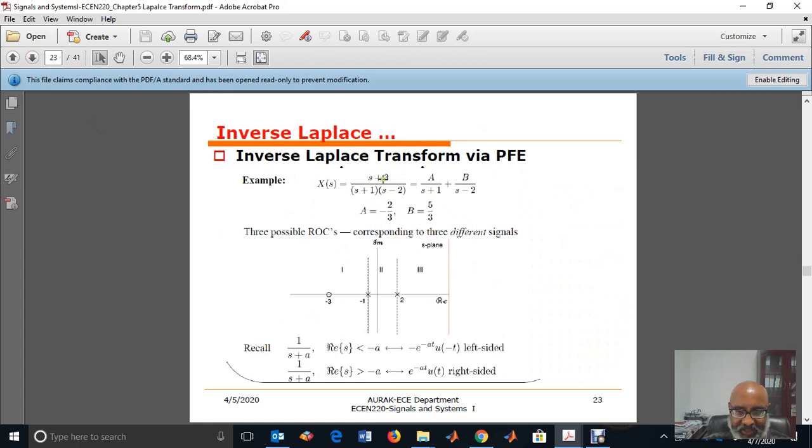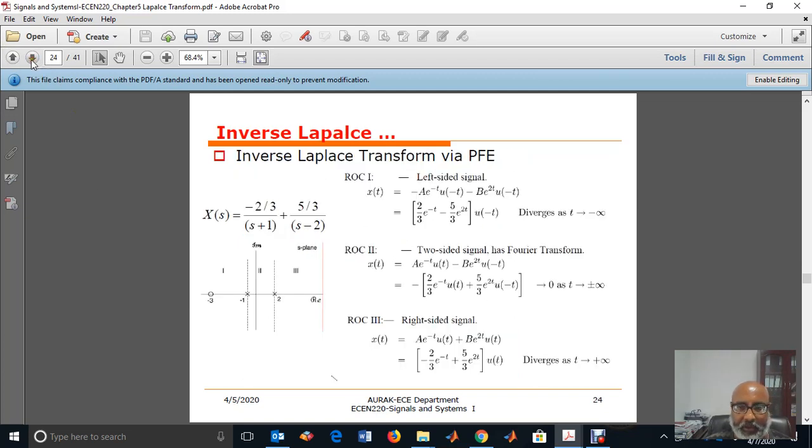For example, for this case, we did it already. We have a over s plus 1, b over s minus 2, and then we determine left side, right side by using this rule, and we get the inverse Laplace transform using partial fraction expansion and the rule of left-sided and right-sided signals.